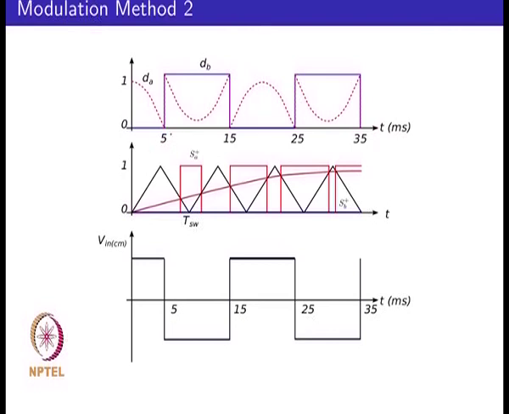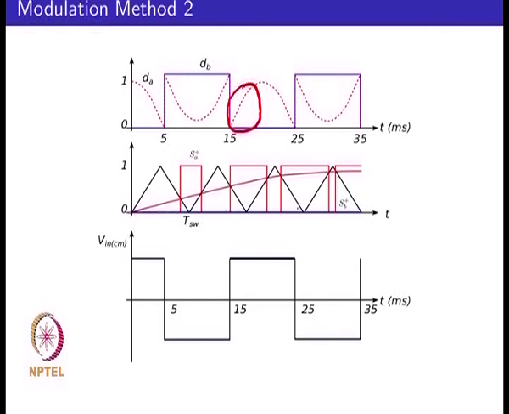So, one fundamental frequency would correspond to a duration of 20 milliseconds. dA, what we had written the expression, would now have a form which looks like this red dotted line, and the height of this particular dA signal would depend on the amplitude of your AC signal that you are trying to synthesize. So, if you then zoom in to some region of your PWM operation, say between 15 and say 20 milliseconds, you would have waveforms that look like this.